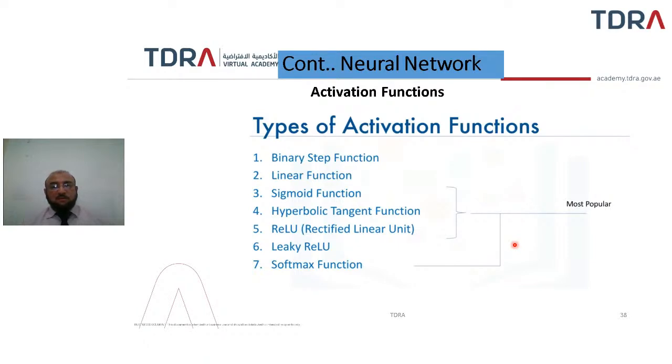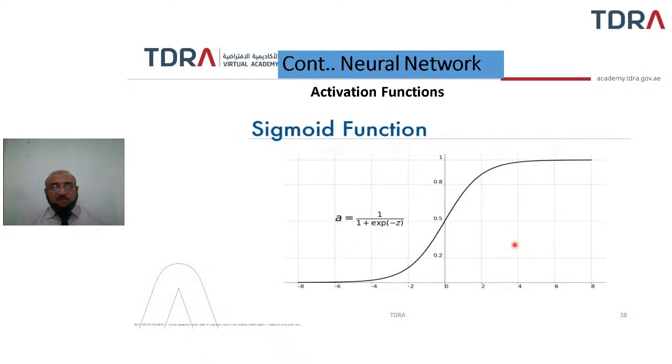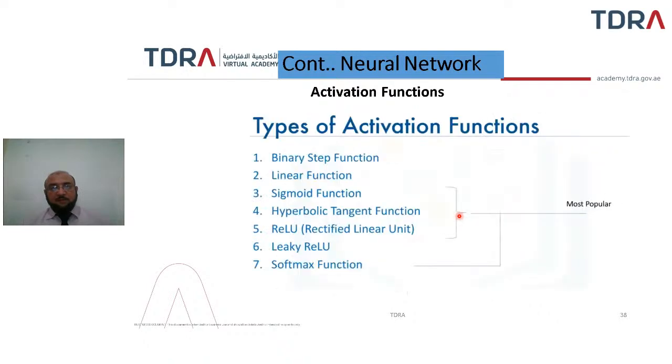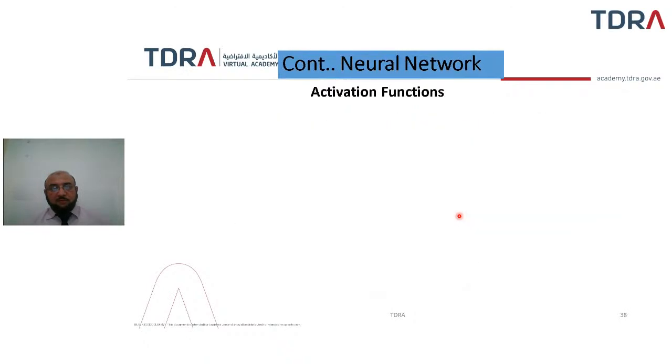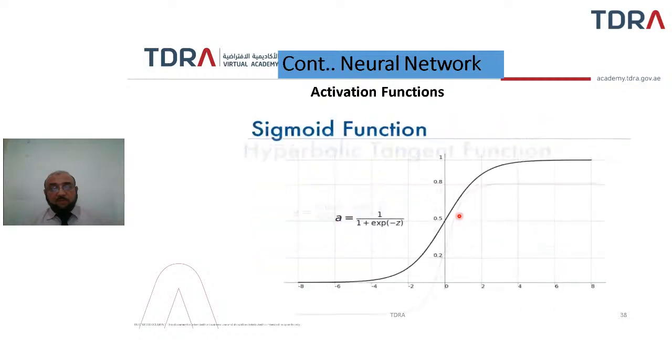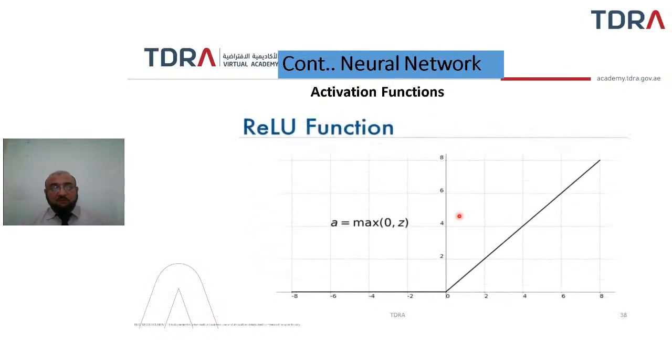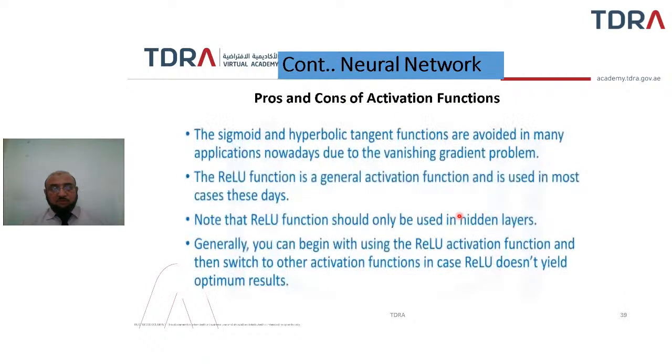The hyperbolic tangent function also has the vanishing gradient problem. To overcome it, we have the ReLU function, which is mostly used nowadays.